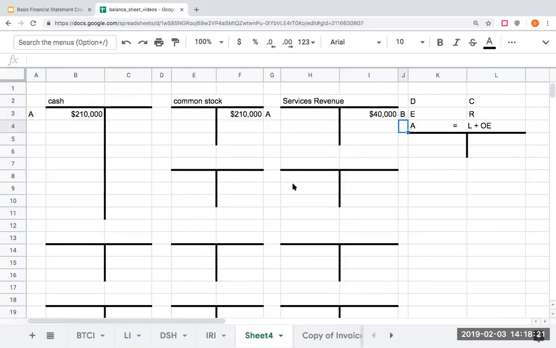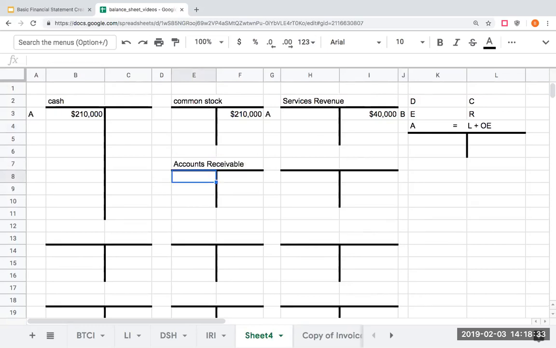So right here, I'm crediting services revenue for $40,000. I'm not getting cash, but instead I'm owed money, and this is going to be accounts receivable. And this accounts receivable will be here for letter B of 40 grand. So again, I'm debiting accounts receivable, which is an asset, meaning that the client is ultimately going to have to pay me, and I record revenues with a credit.